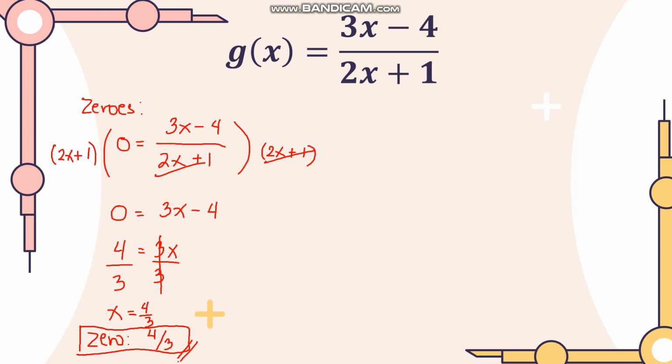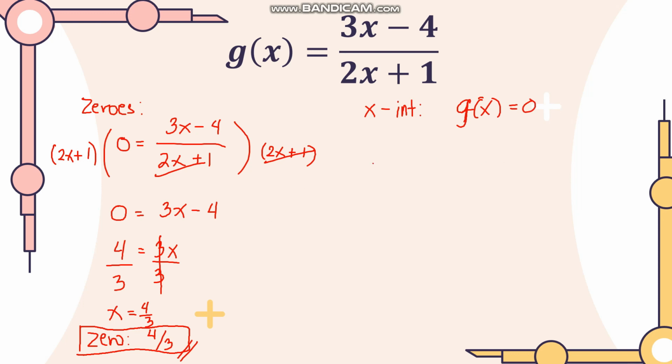So if the value of x is 4 over 3, that means our function will be equal to 0. And if you substitute it to the denominator, it will not be equal to 0 as well. Next, let's solve for the x-intercept. For the x-intercept, again, we set f of x, or in this case, g of x, equal to 0.